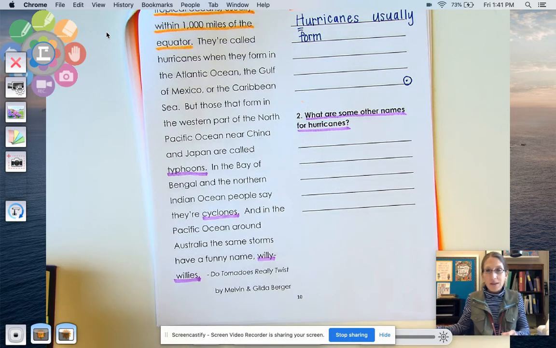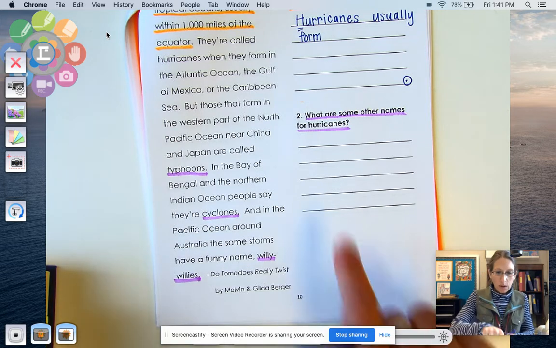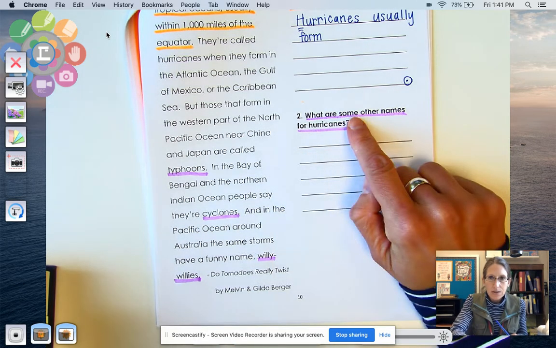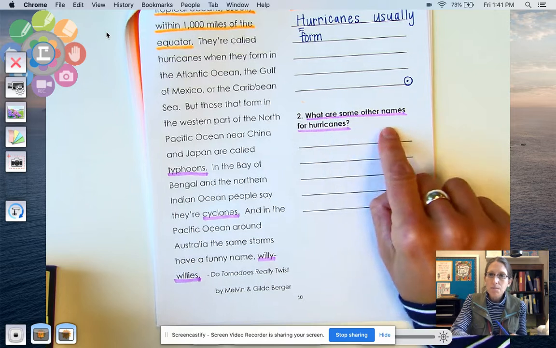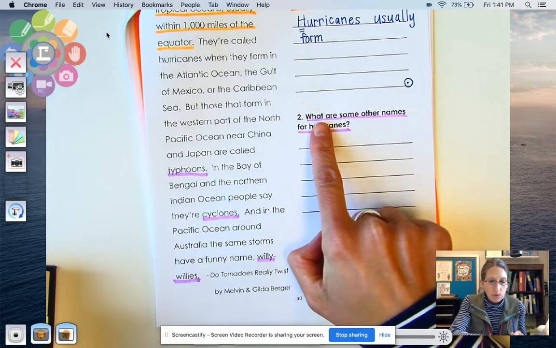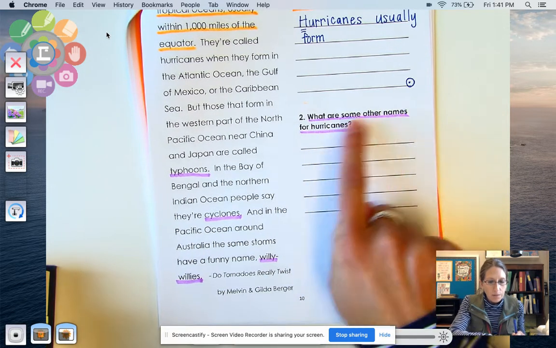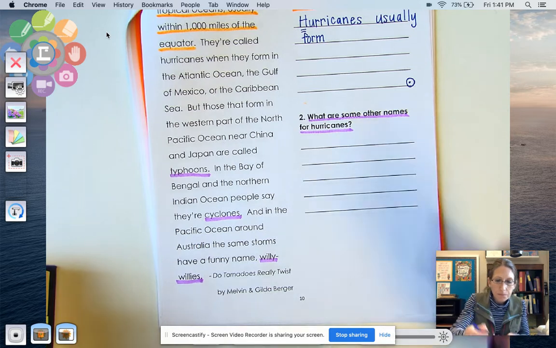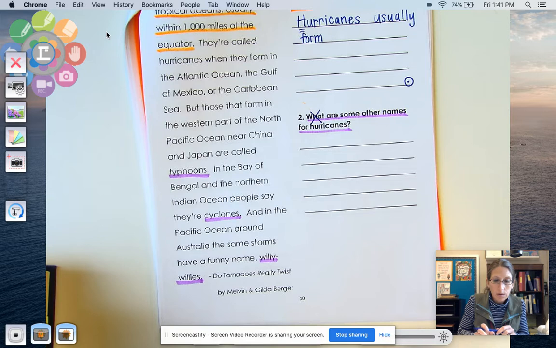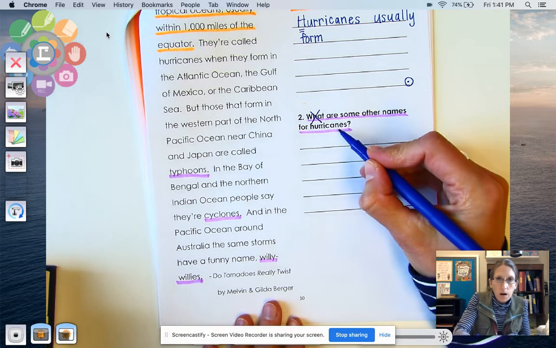All right, so using our pencil again, we're going to go back and try to see if we can make this into an answer sentence, trying to use as many words as we can. And we start by crossing off our question word. So let's see, what are some other names for hurricanes? Cross off our question word, what? Let's see, are we going to use this word are?